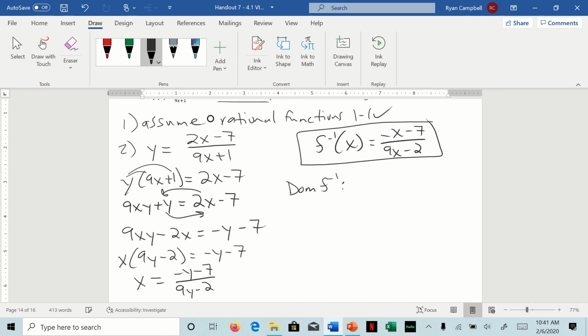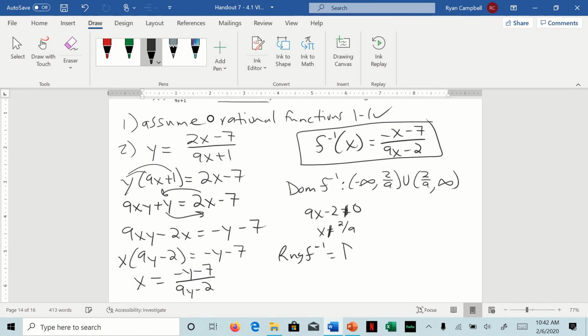So again, we have a rational function, we have a fraction, so we can just set that denominator equal to 0, which means that x is going to be 2/9. Since it can't be 2/9, we know x can't be 2/9, so it's going to be negative infinity to 2/9 and 2/9 to infinity. Then we have to find the range.